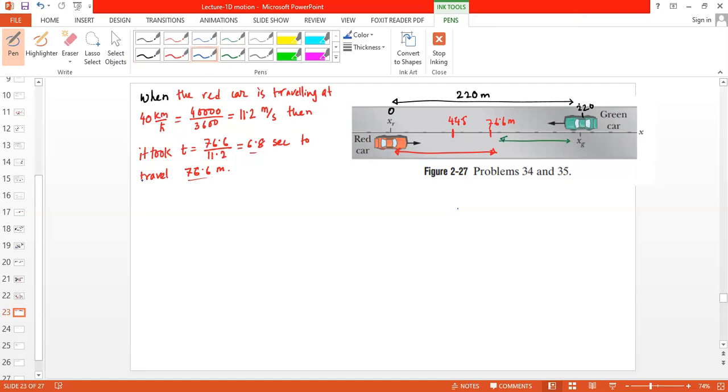So at the same t equal to 6.8 seconds, the green car travels 220 minus 76.6, which is equal to what? 143.4 meters. So in this time the green car is traveling 143.4 meters.